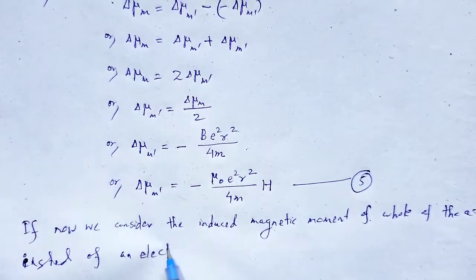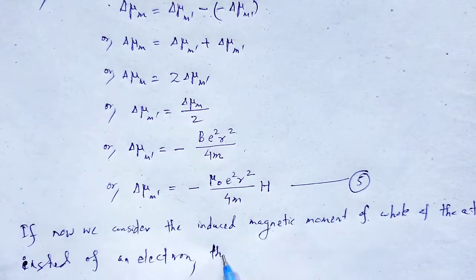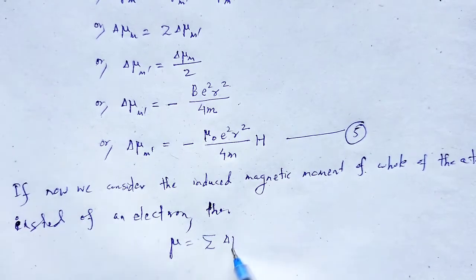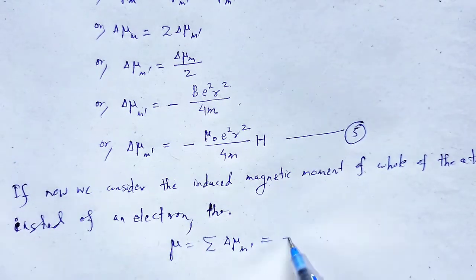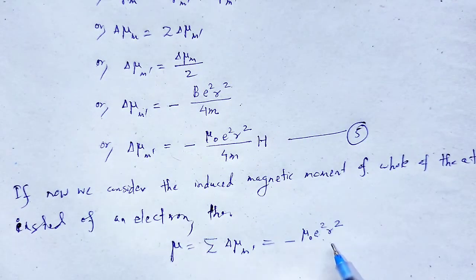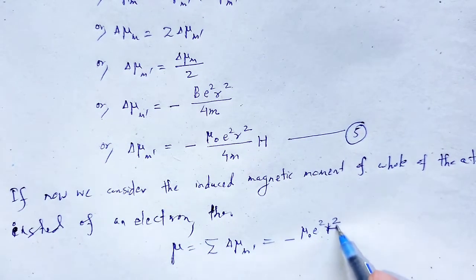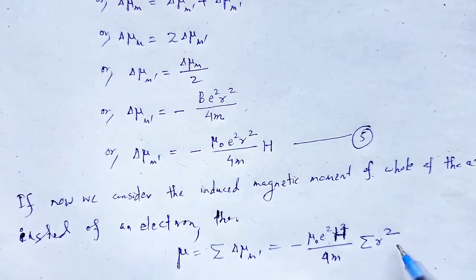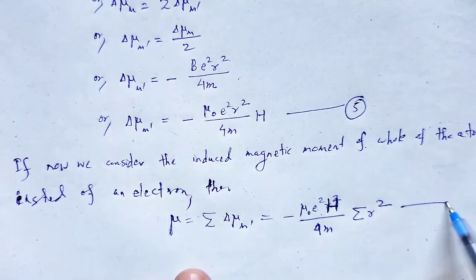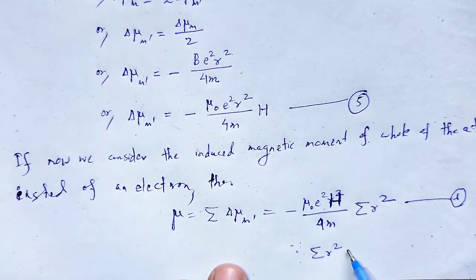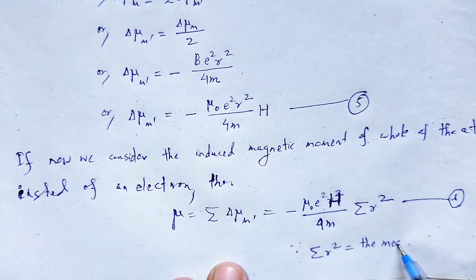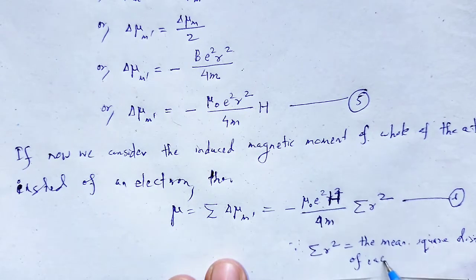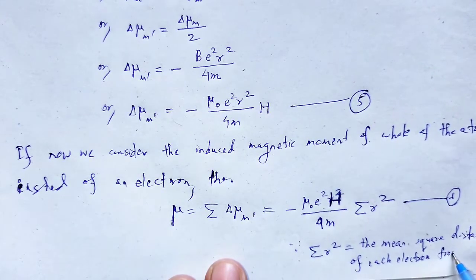Then mu, the total induced magnetic moment, is the sum of del mu m dash, which is equal to minus mu naught e square h divided by 4m, summation over r square, because summation over r square is the mean square distance of each electron from the nucleus.